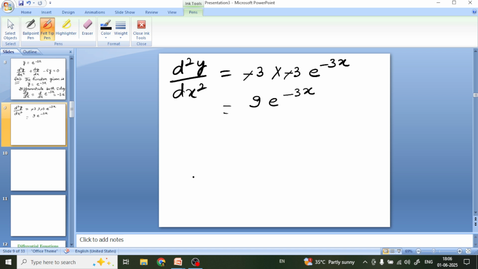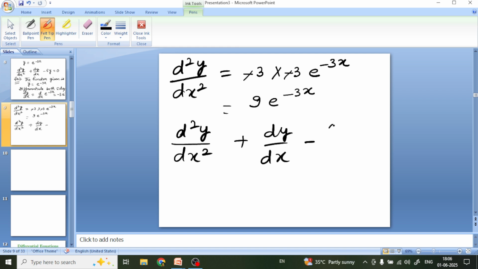Now you can see that we substitute the values of dy over dx, d square y over dx square and y in the differential equation given in the question. On the left hand side, you have d square y over dx square plus dy over dx minus 6y equal to 0.